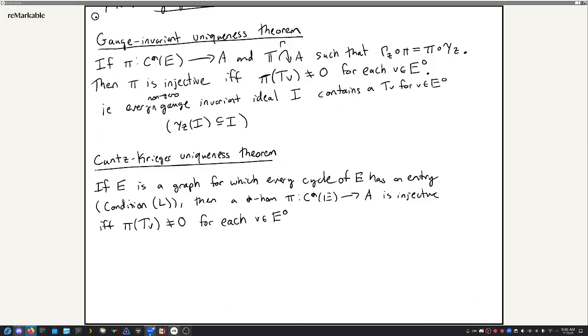So you don't even have to check whether a star homomorphism is gauge equivariant.